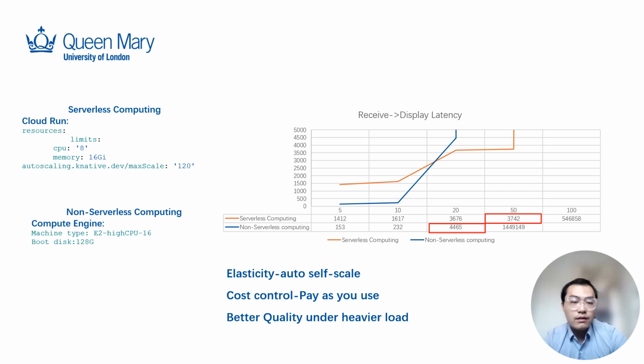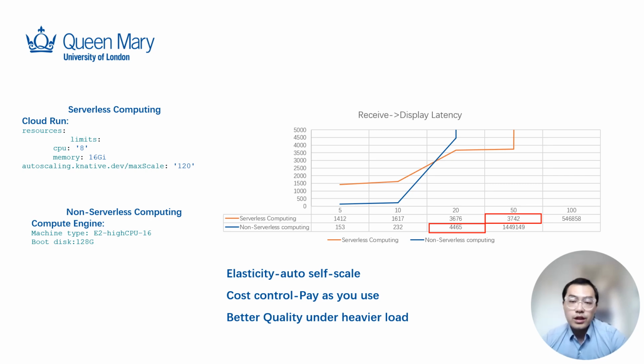We take 8 vCPU and 16 GiB memory, and our auto-scaling max instance number is 120. For the non-serverless computing, we use Compute Engine of GCP, and the instance we take is an E2 instance with high CPU, 16 vCPU, and it has a 128 GB boot disk.